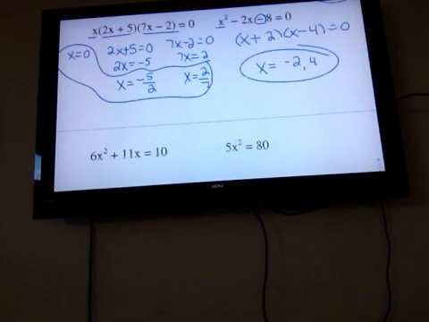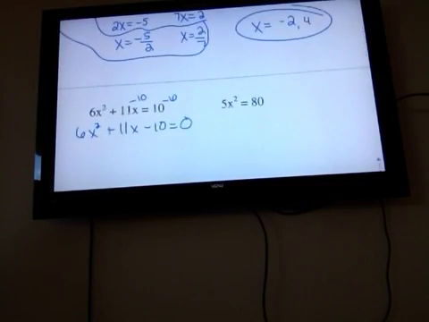Okay, next question. Not factored and not equal to 0. So the first thing is get it equal to 0. So subtract that 10. So I have 6x squared plus 11x minus 10 equals 0. No common factor.